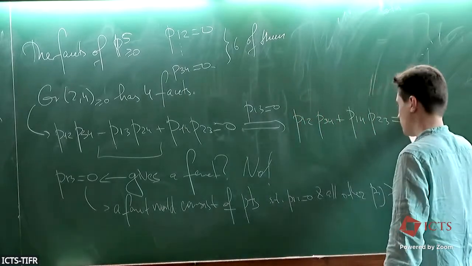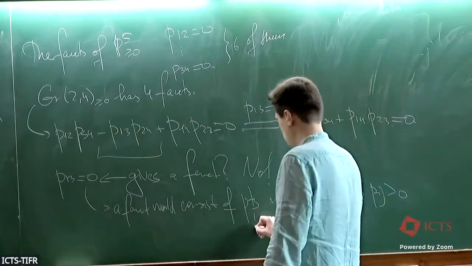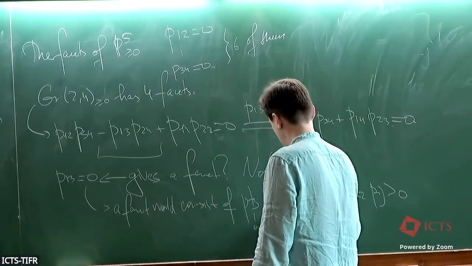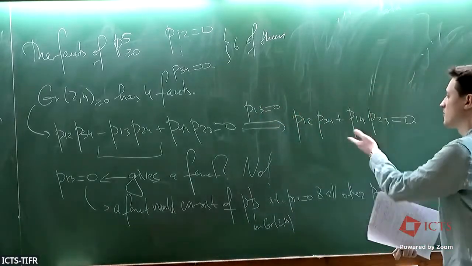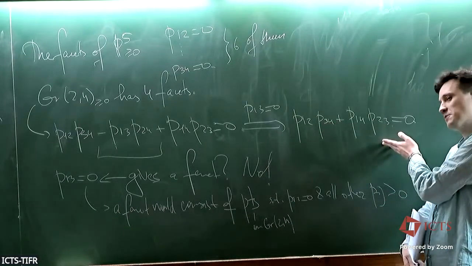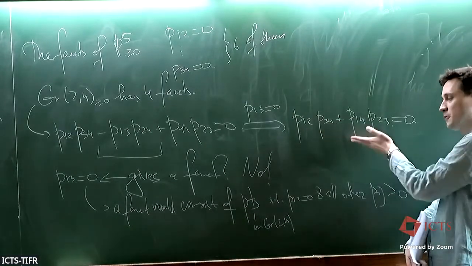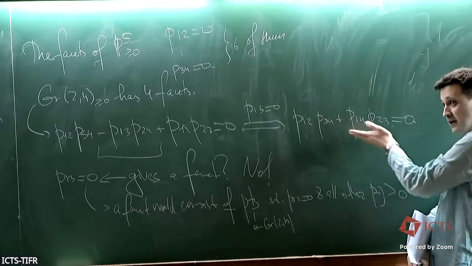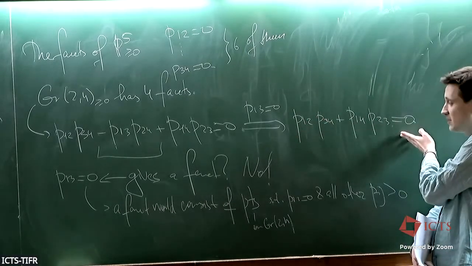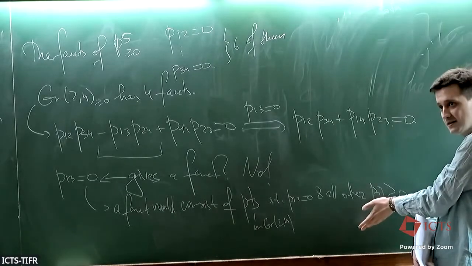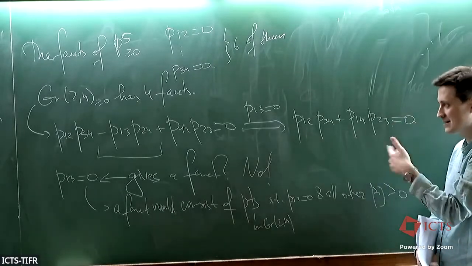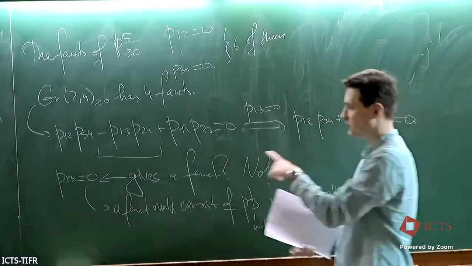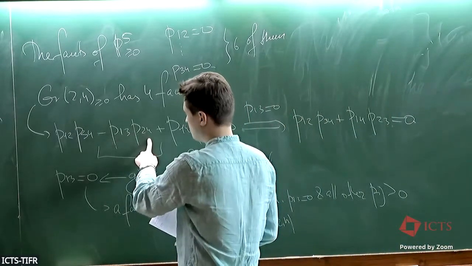But you still want to be on the Grassmannian, so those points have to solve this equation. But it is impossible: you have two terms with positive signs, and whatever strictly positive numbers you plug in, you will never get 0. This has no solutions. This conjectural facet is empty. And that's how you lose two facets, P13 and P24.